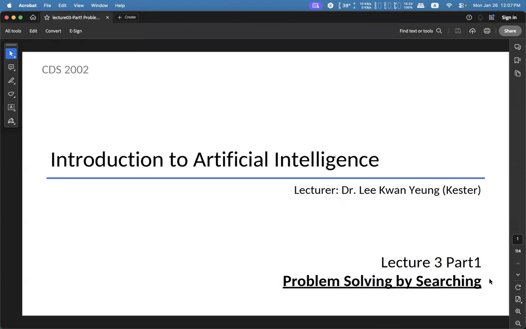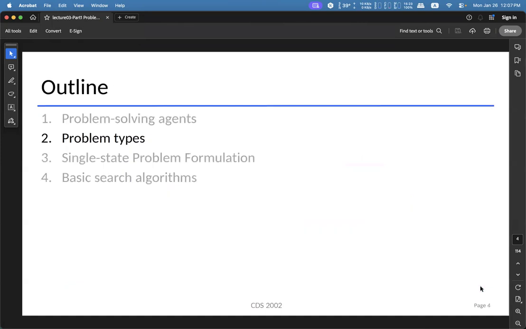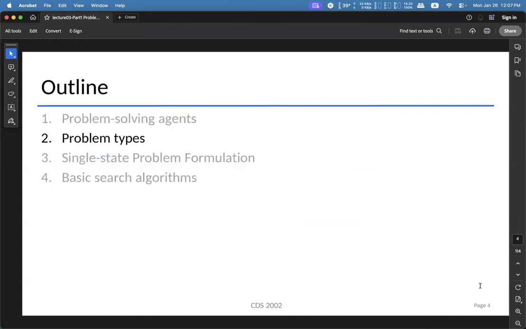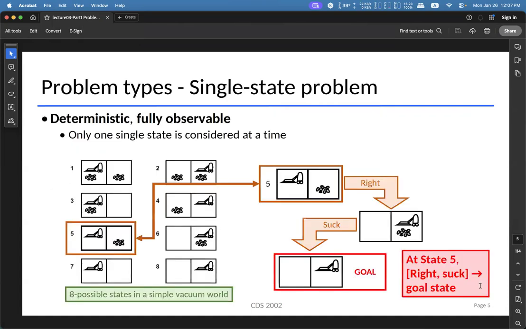Last time we actually talked about the concept of a problem solving agent, and we also talked about different kinds of agents. The first is called deterministic and fully observable problem. If we have a deterministic and fully observable environment, then what we will have is a single state problem.